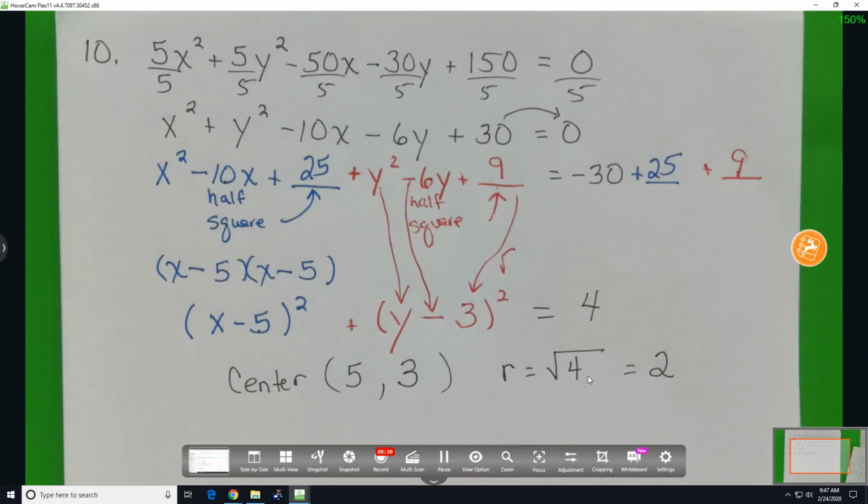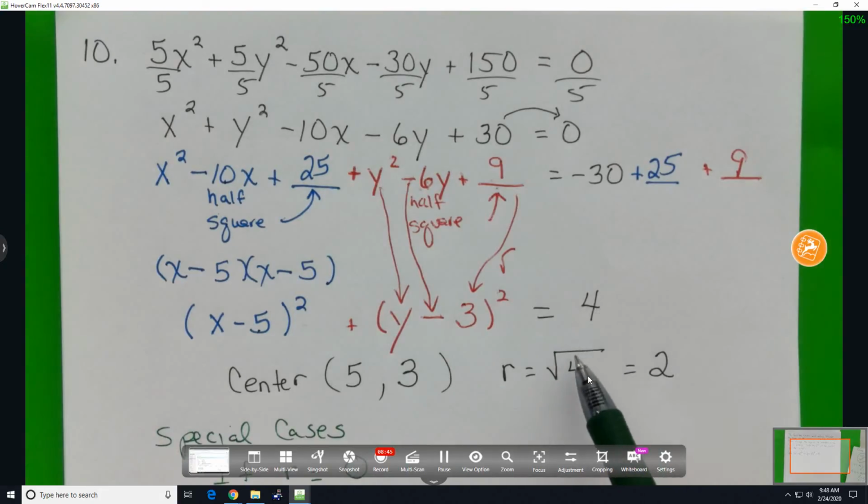Before I punch that in, I want to make a couple of observations. There's a couple of special cases that we might see as we're doing these. Here's special cases. If we had gotten the radius to be a 0, if this 4 had been a 0 instead, would we really have a circle?